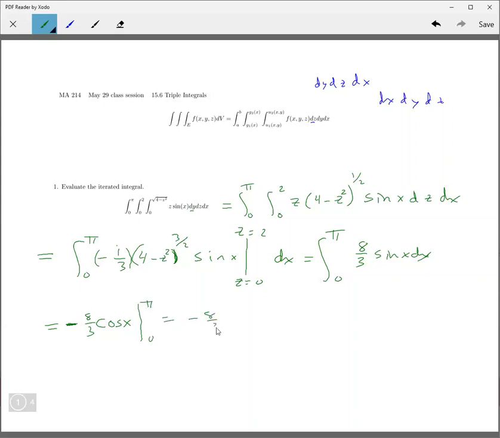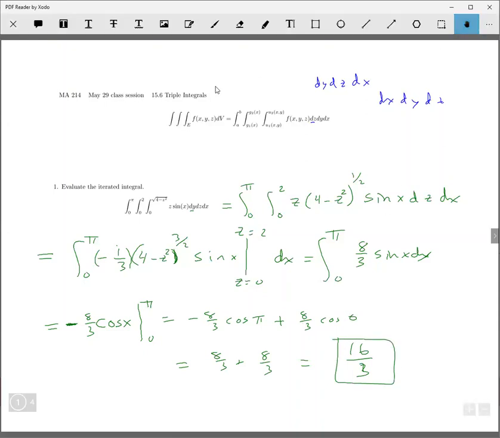That's negative 8/3 cosine of pi plus 8/3 cosine of 0. This is -1 and this is 1. So you're actually going to get 8/3 plus 8/3, which is 16/3. Okay, so that's the first one, just kind of straightforward.